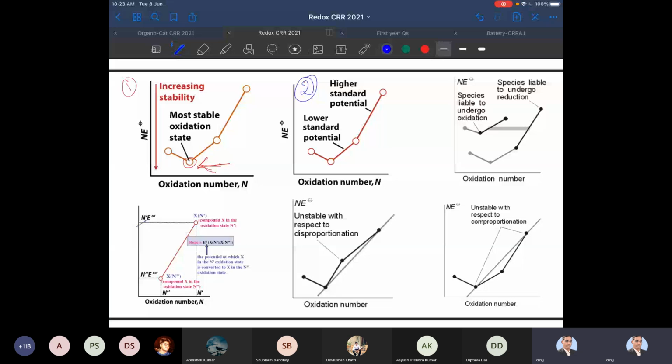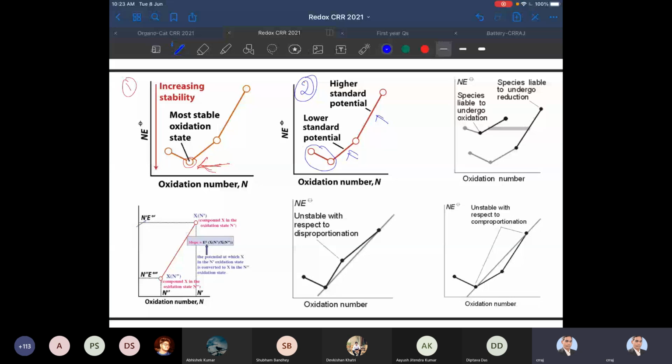Now you have a low standard potential, which is nothing but a reduction potential. Here you have your standard high reduction potential. From this, you can deduce the property with respect to some other couples. Say, for example, I consider this couple and this couple.